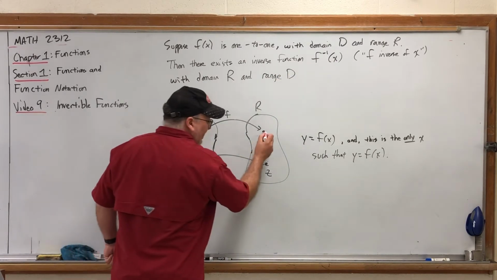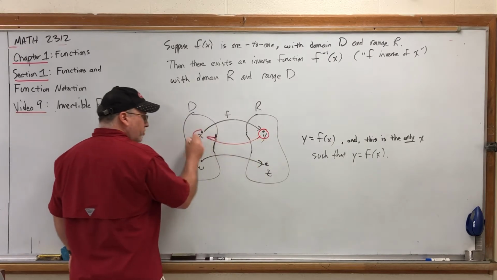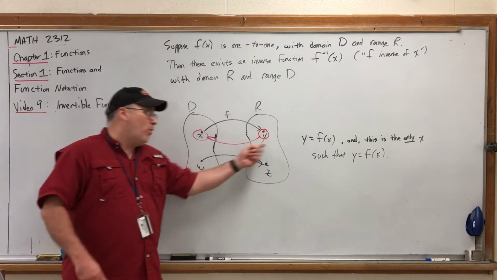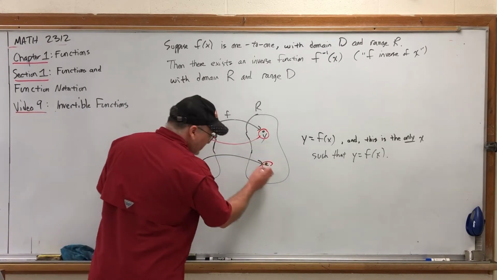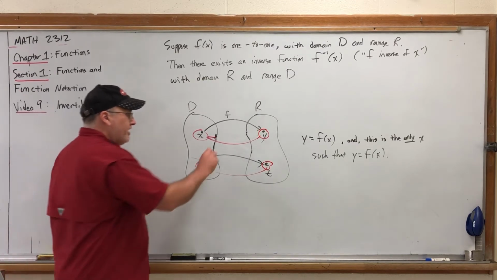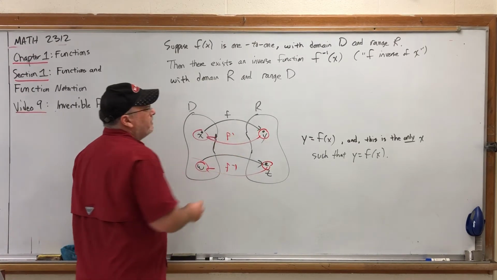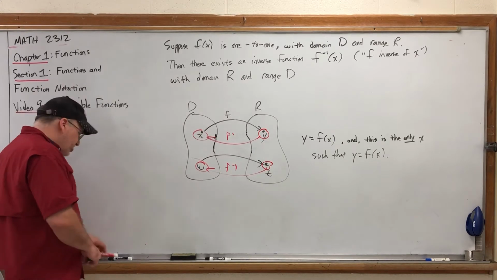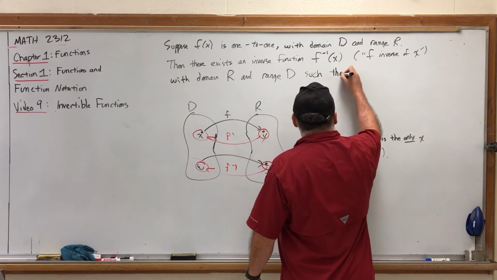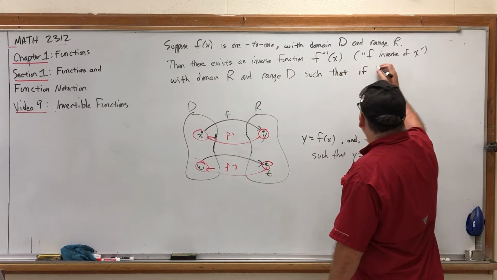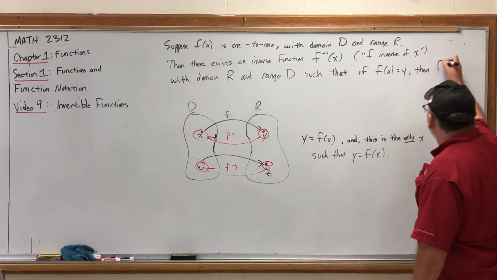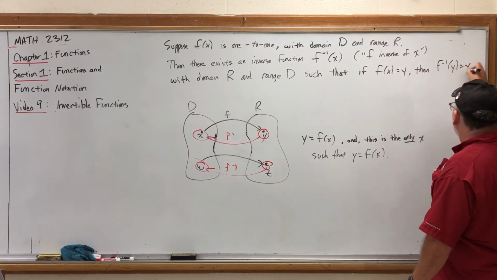We're defining a function that picks something over here and points it over there. And because it's 1 to 1 going this way, it's only got one place to go backwards. This guy would point there. There exists an inverse function, f inverse of x, with domain R and range D such that if f of x is equal to y, then f inverse of y is equal to x.